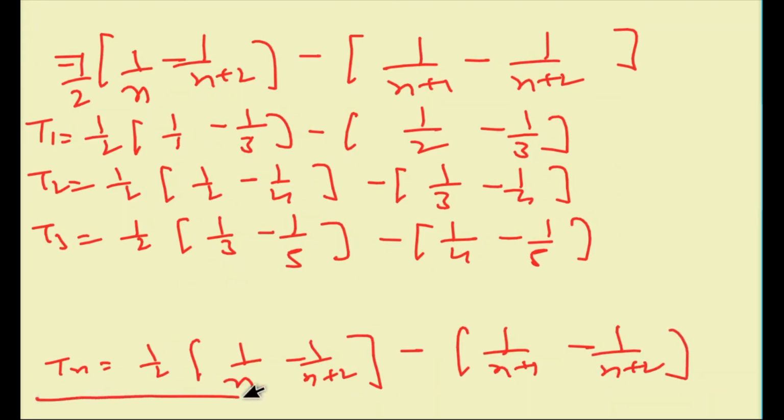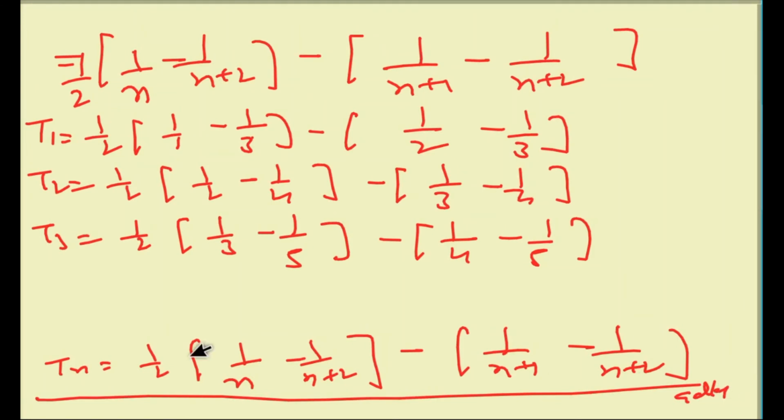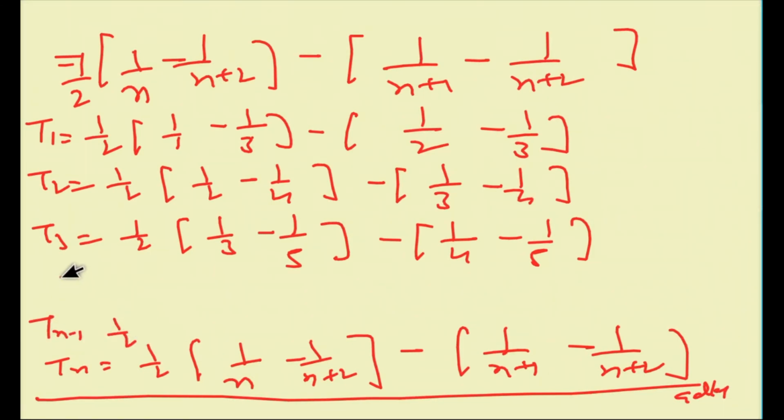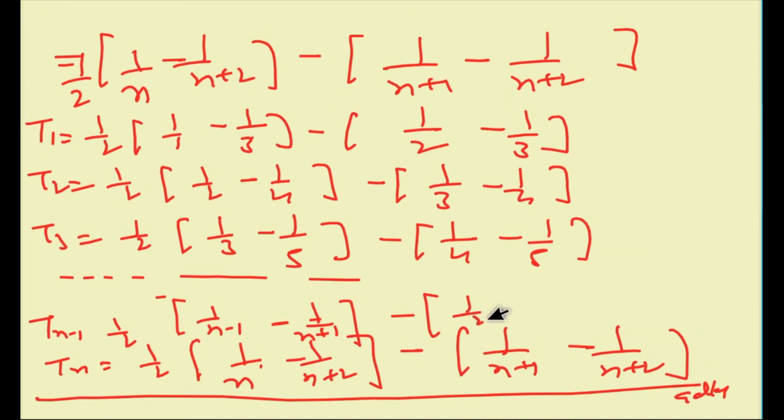So after this, adding this, and what is the previous term here, n minus 1, in between so many terms here, that is 1 upon n minus 1, here 1 upon n plus 2 minus 1, n means n plus 1, minus, you can write here 1 upon n, and here 1 upon n plus 1.